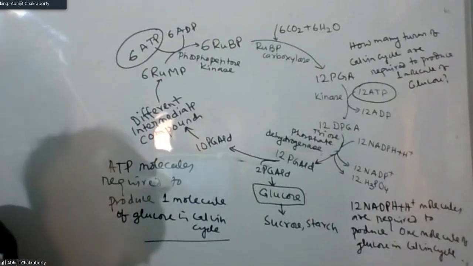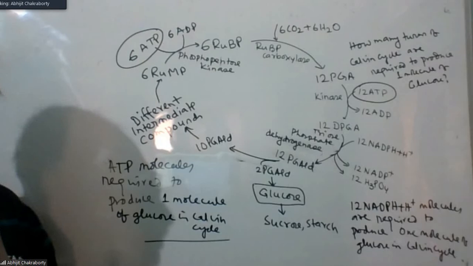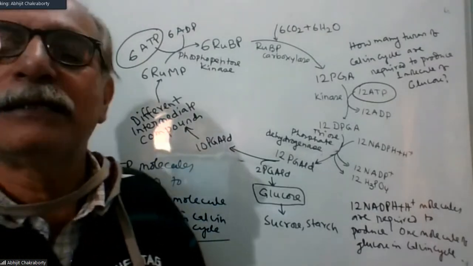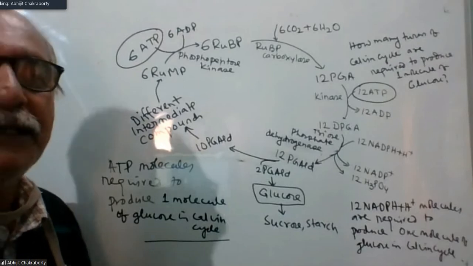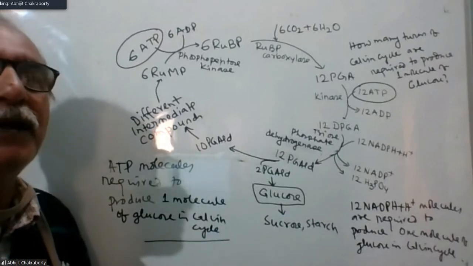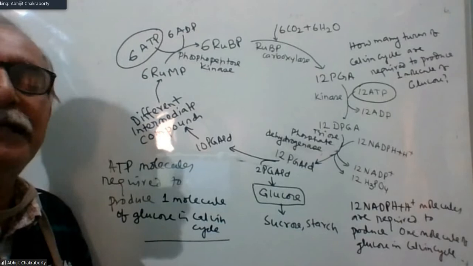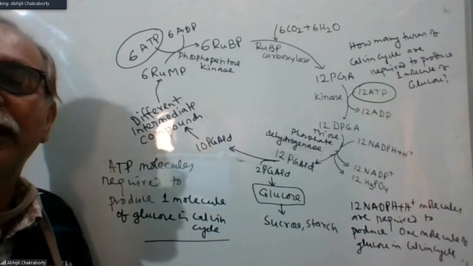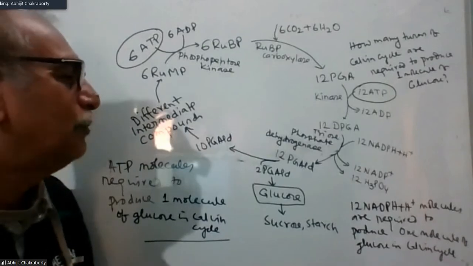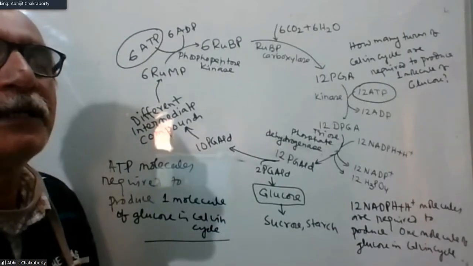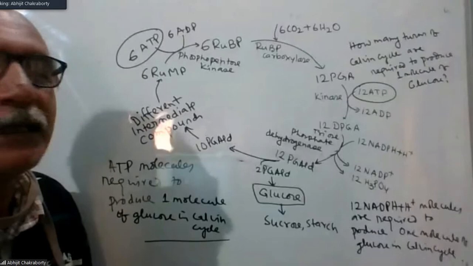How many turns of Calvin cycle are required to produce 1 molecule of glucose? You see, in one turn of Calvin cycle, one molecule of carbon dioxide gas is fixed. Remember this thing, in one turn of Calvin cycle, there is fixation of 1 molecule of carbon dioxide. Clear? If it is so, how many turns are required for the fixation of 6 molecules of carbon dioxide? 6 turns.